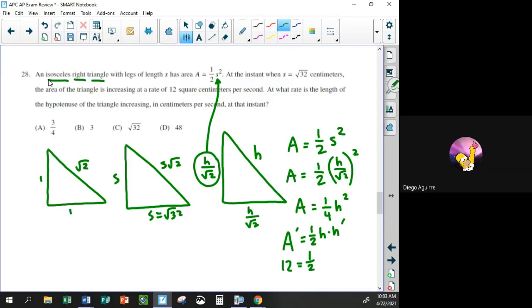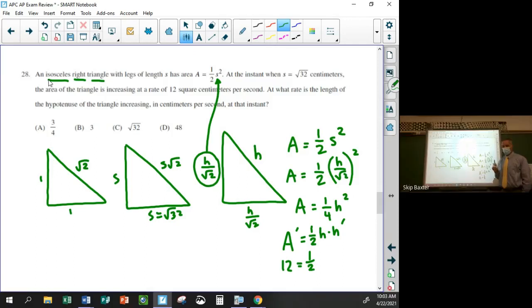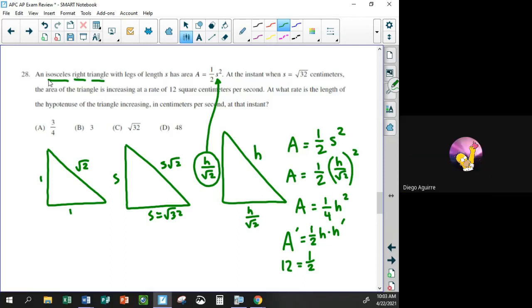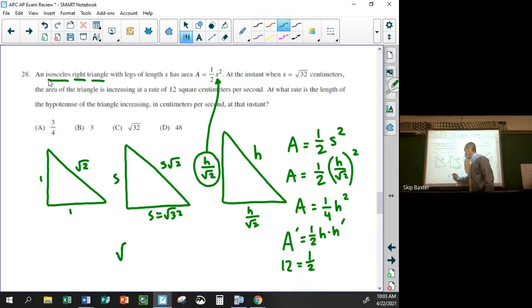Let me just do it out real quick. Wait, h over radical 2 is, well, it would just be radical 32 times radical 2. Yep, how does that simplify? That is a good question. Radical 32 times radical 2 is radical 64, right? You just multiply them because they're both underneath the radical. So you get 8.